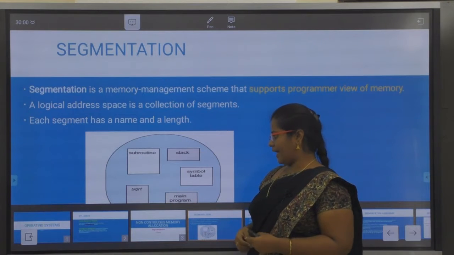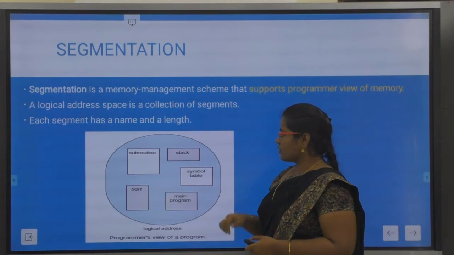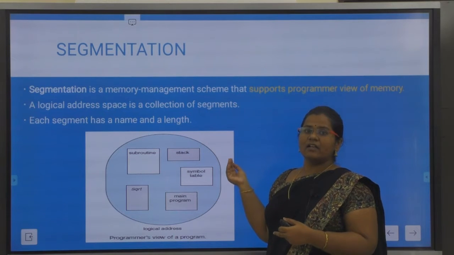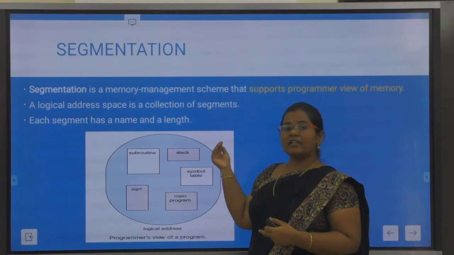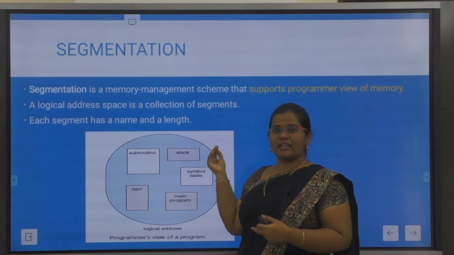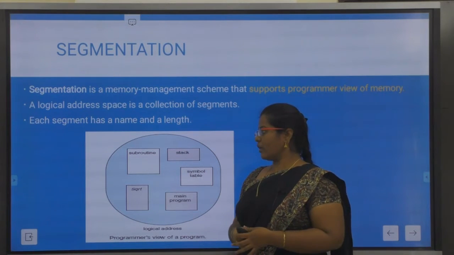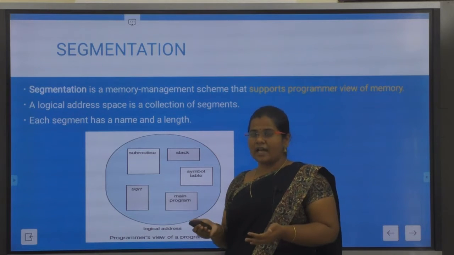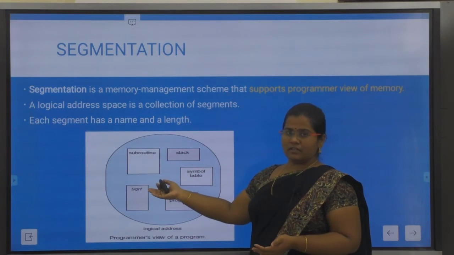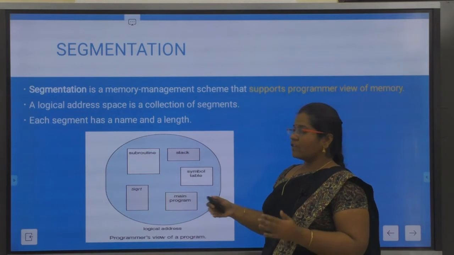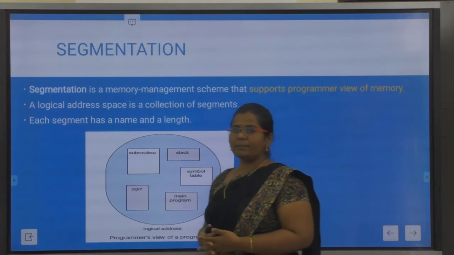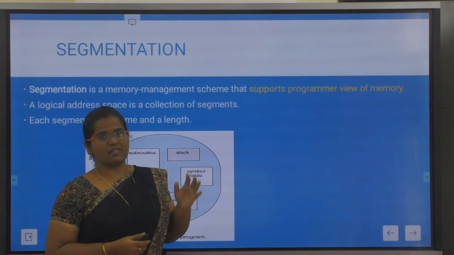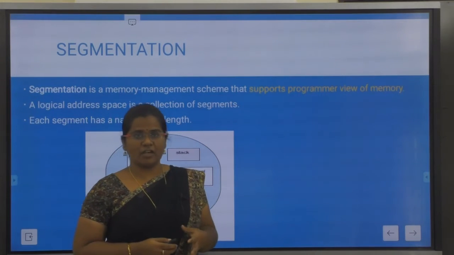And then the stack. The stack here contains the defined variables and their allocated memories. So from the programmer's point of view, you can consider different segments as these many parts.